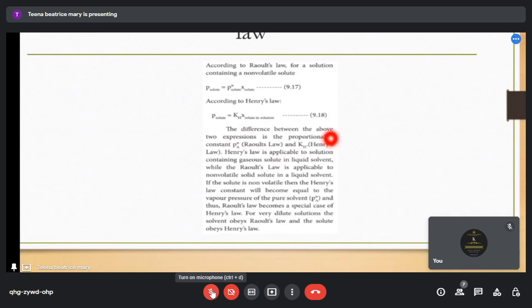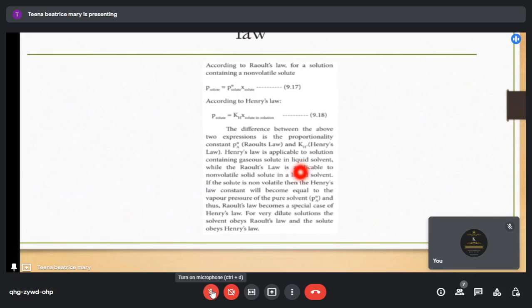So Henry's law is applicable to a solution containing a gaseous solute in a liquid solvent. Gaseous solute, that too in a liquid solvent. That is Henry's law which we saw. And also we saw some limitations. In Henry's law we saw about 4 limitations.